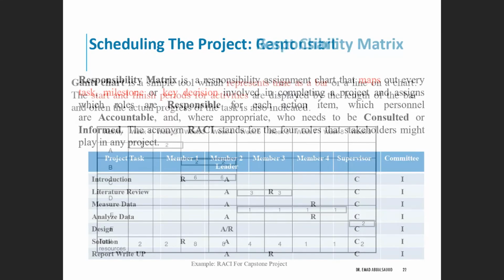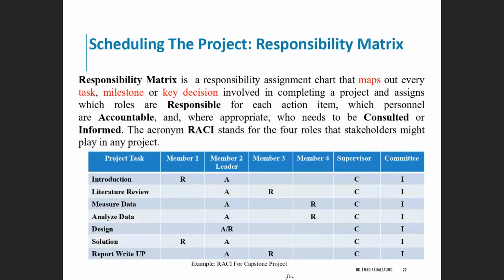So I'm moving on to another tool, also for scheduling. As you assign the tasks, put the time interval for each task, label them, and put the sub-numbering for each task, maybe now it's time to assign those tasks to the team.